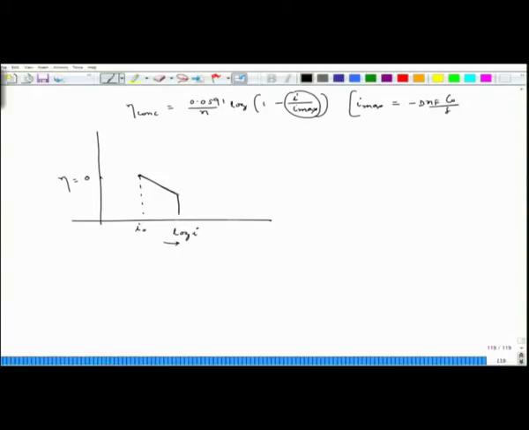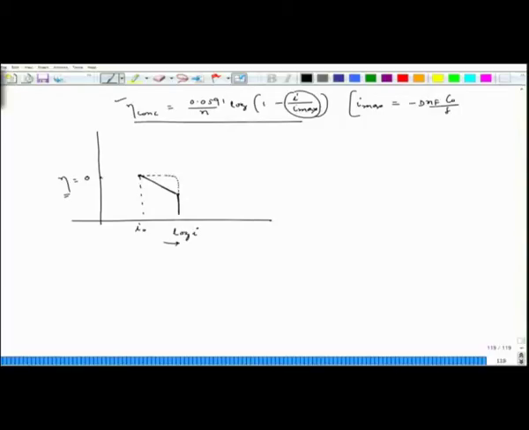So, it would be a flat line parallel to the overvoltage axis until this particular current I max. If I plot this equation, I would see a plot like this.